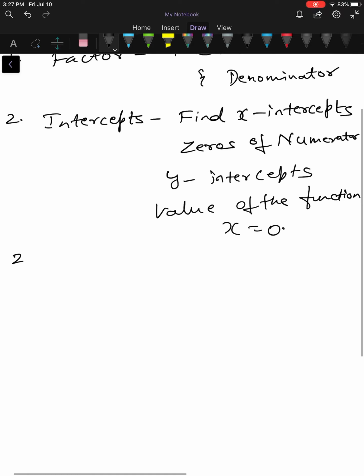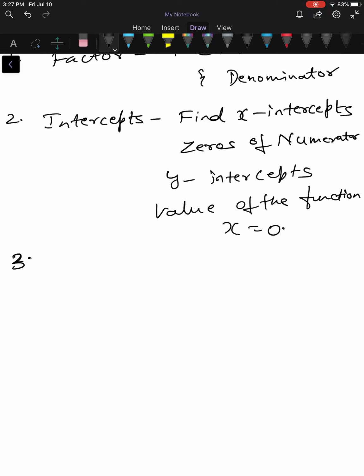So you substitute x equal to 0 in the rational function and find what happens to the value of y. The x-intercept is the zeros of the numerator, when the whole function is equal to 0, right? That is, y is 0.